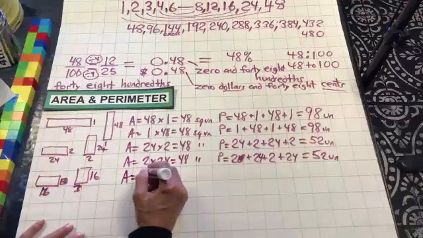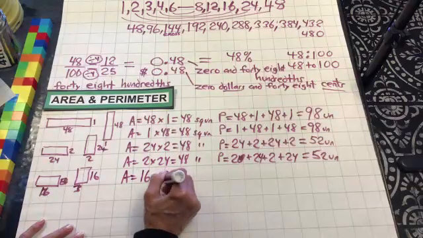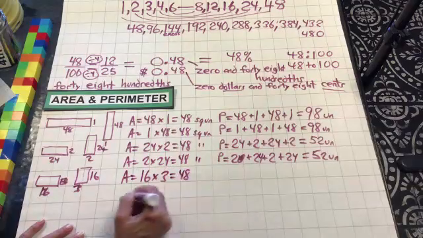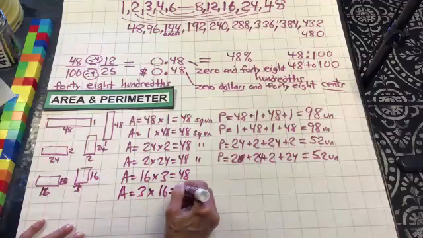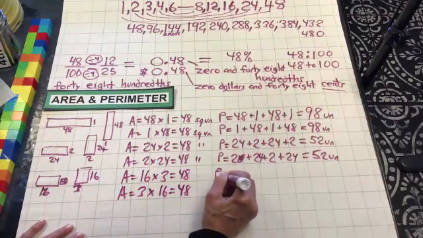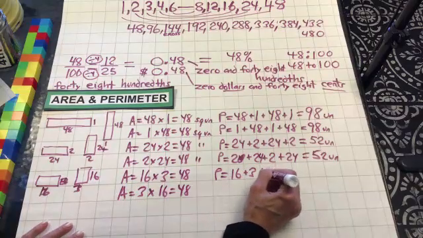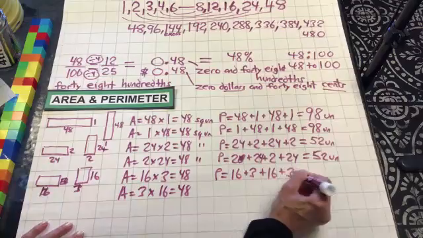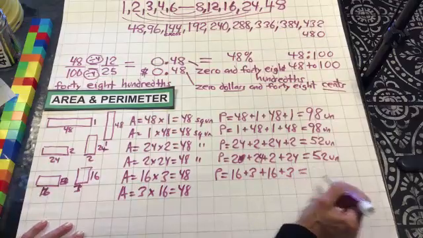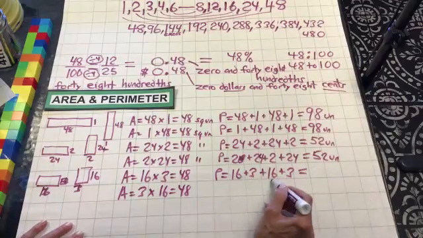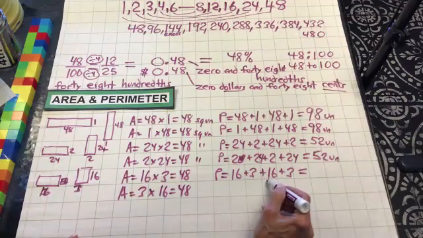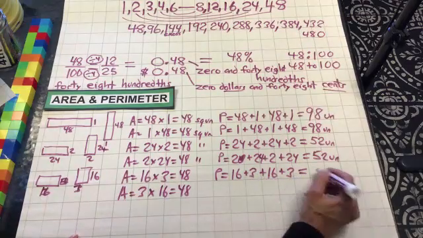So area would be 16 times 3, or 3 by 16. And this would be 16 plus 3 plus 16 plus 3 equals, and let's add them up. 16 plus 16 is 32, plus 6 is 38.